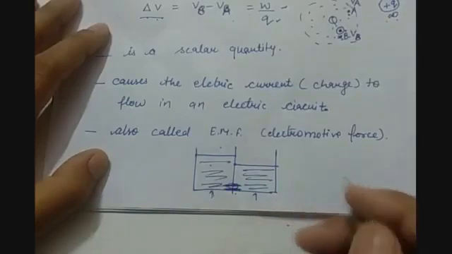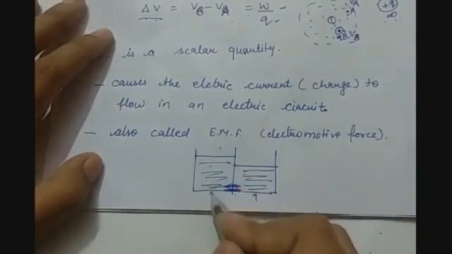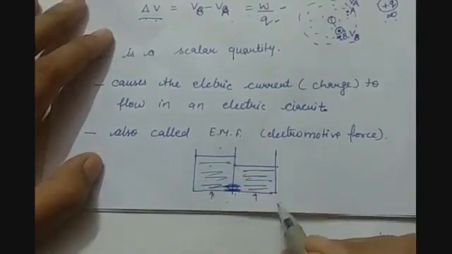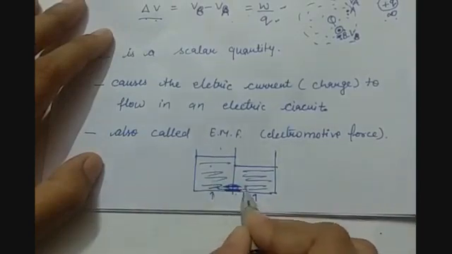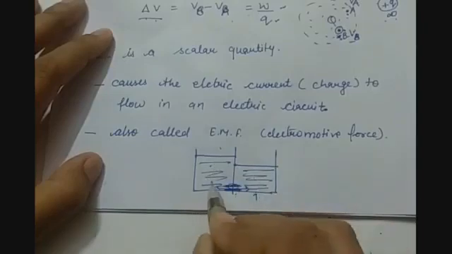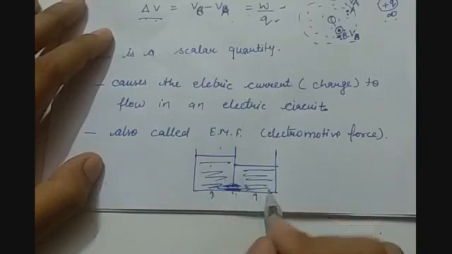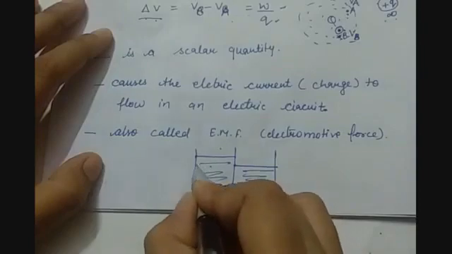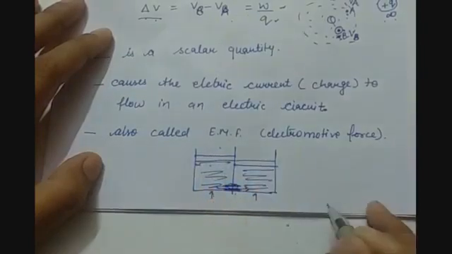This is nature's law that the water will try to equalize its pressure. So how will it do it? The water will move from higher level to lower level, or from high pressure to lower pressure, till it becomes equal on both sides.